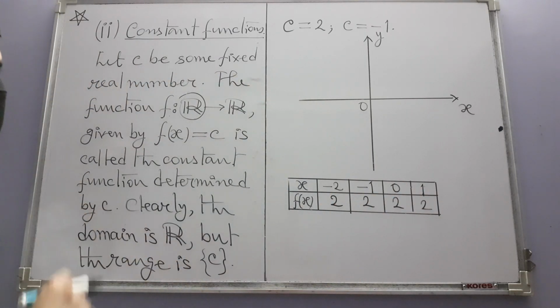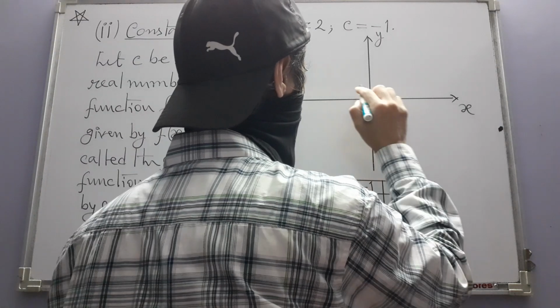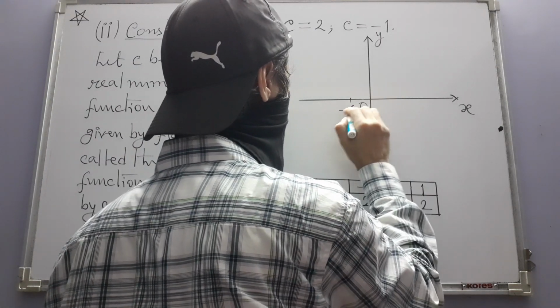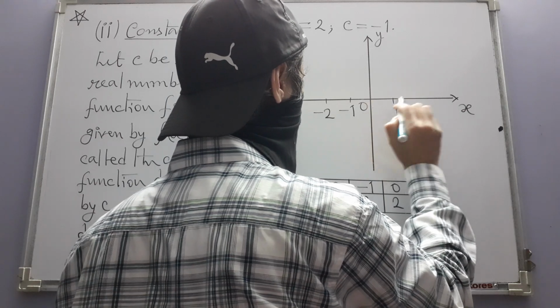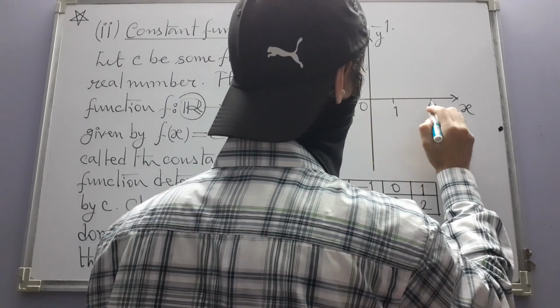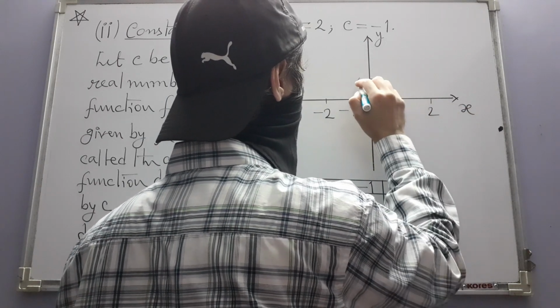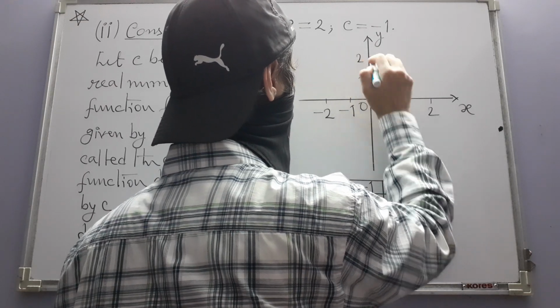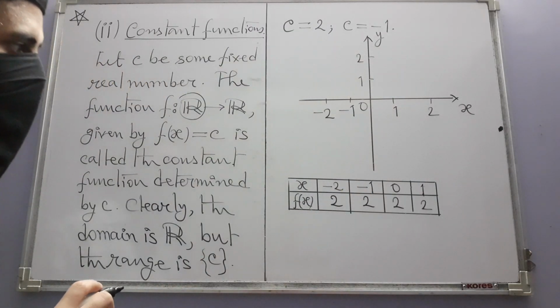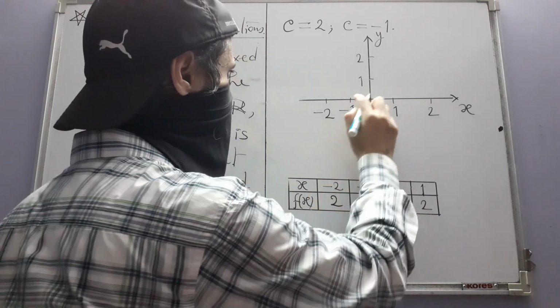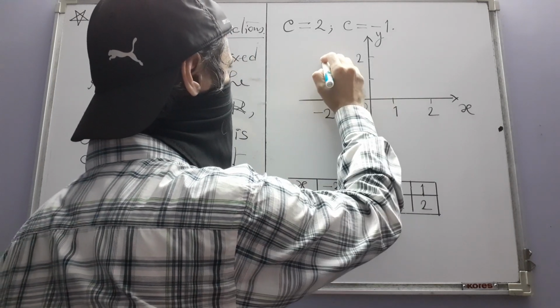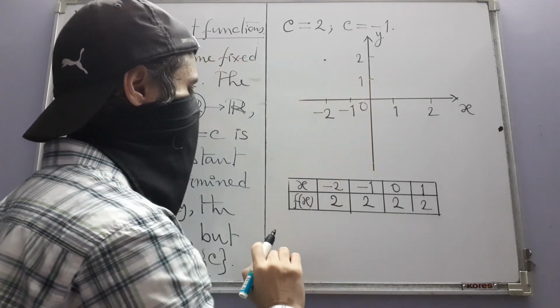So if you plot these points in the plane, say this is my minus 1, minus 2, 0, 1, 2. First of all, for minus 2 it's 2, minus 2, 2. So the point is roughly here.